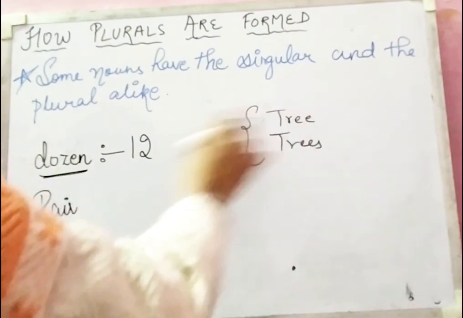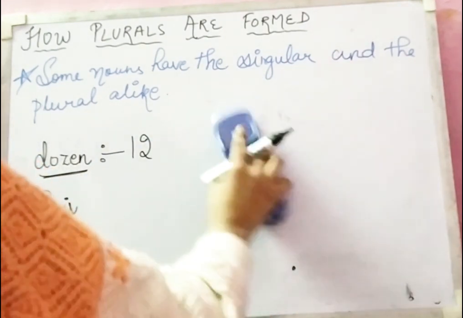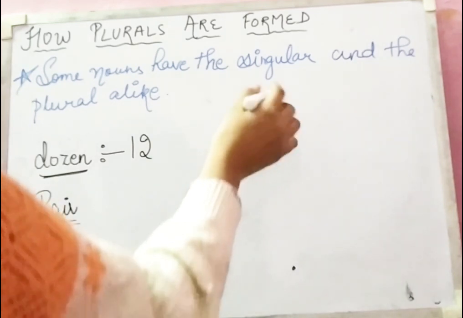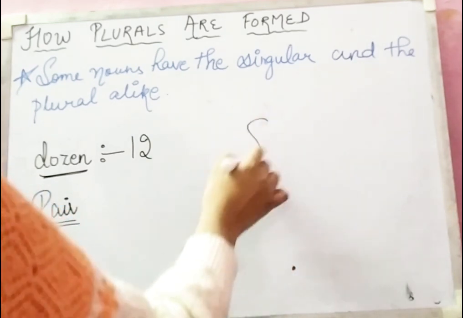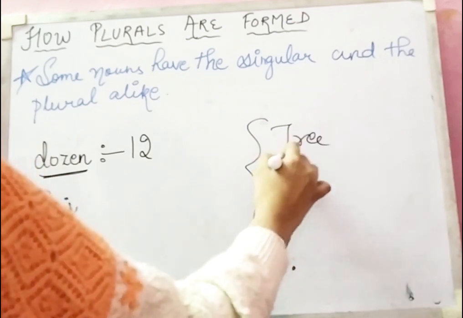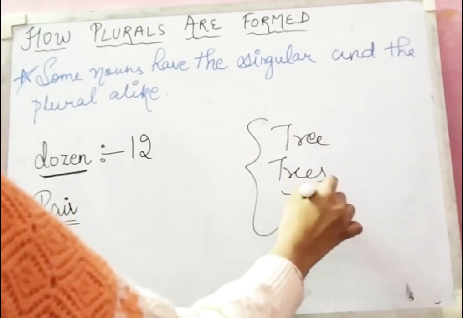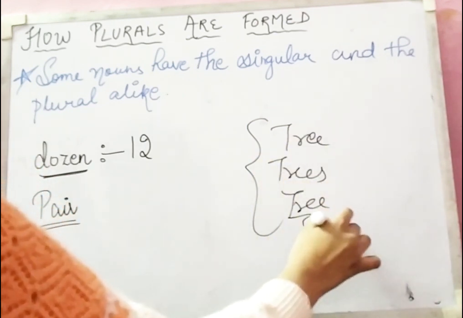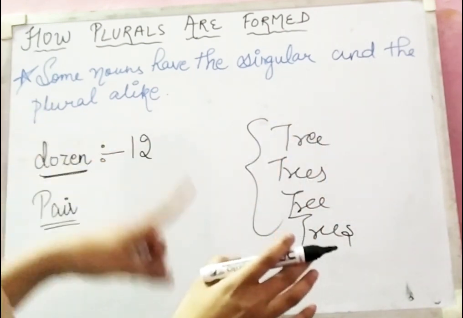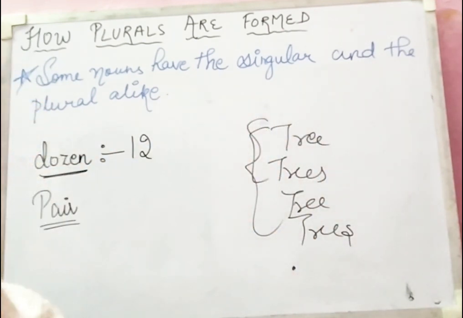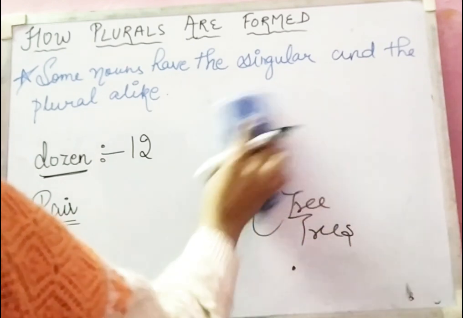So tree and trees, this is one pair. Means this cannot be changed. We can't add more than 2. We can't add 4 things in one pair. We can add only 2 things. Means pair is also constant.